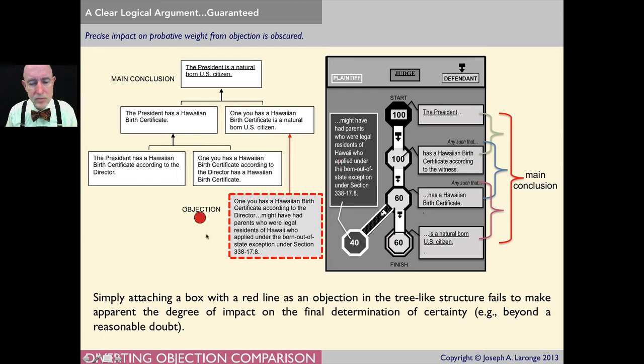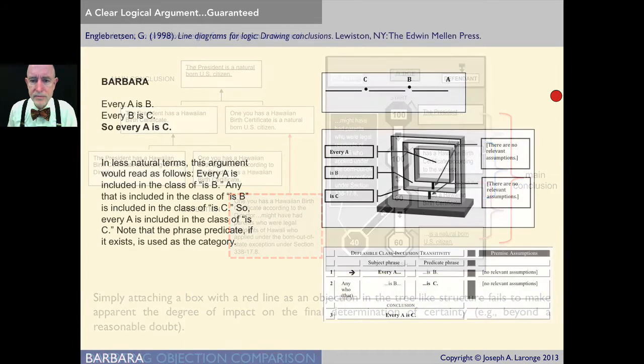And just popping an objection down there and pointing at a premise doesn't help you follow the level of certainty as it moves through the inferential structure, which you need to be able to do if you want to make an assessment in the real world of how much reliance should be given to that argument.